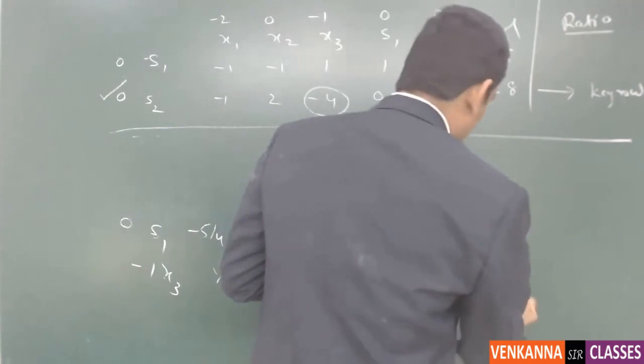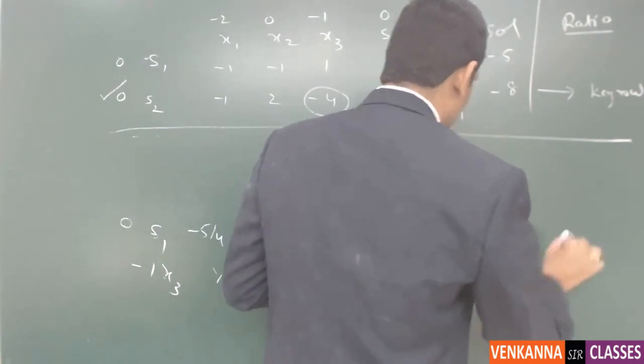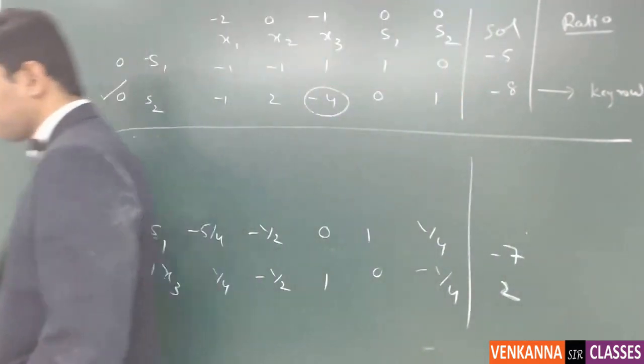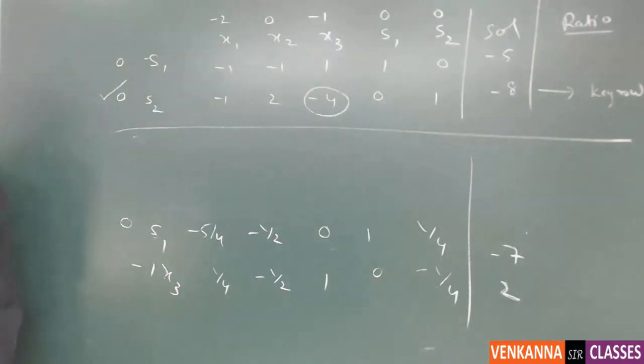And in the solution part, here you have 2, and here you will get -7. Please check. So 0 you can process, no problem at all. We can select 0 also. So S1 is replaced by X2. That is true.